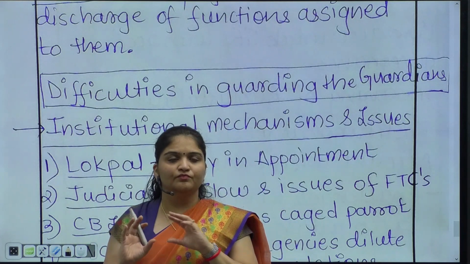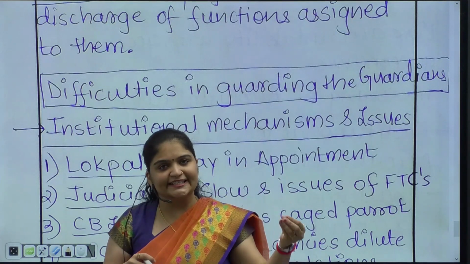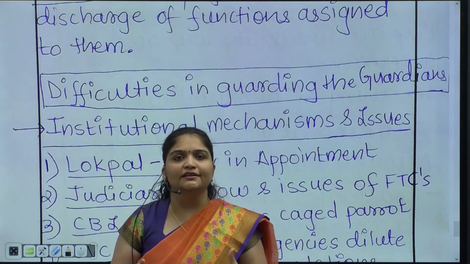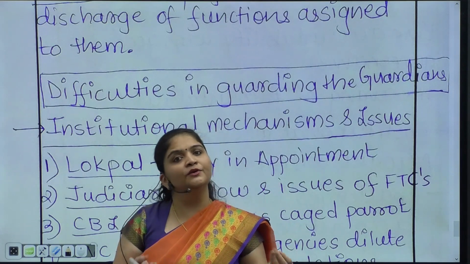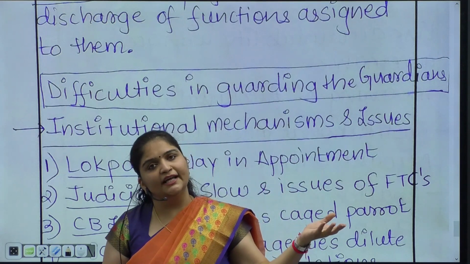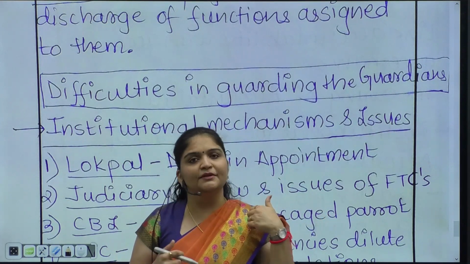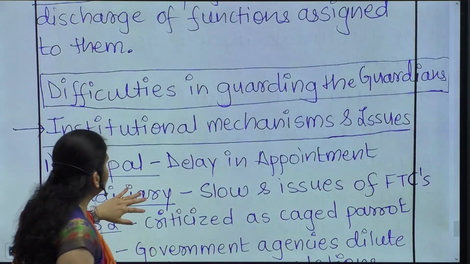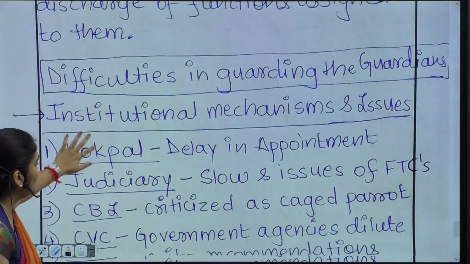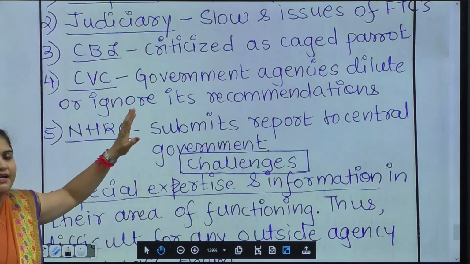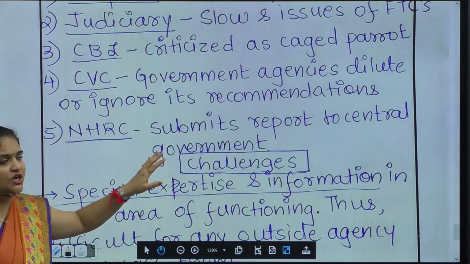People will write, what are the challenges in ensuring accountability? I have written it in a slightly unique format. Toeing the line of the question only, but just give a different title, a subtitle. So institutional mechanisms and issues: Lokpal, judiciary, CBI, CVC, NHRC.